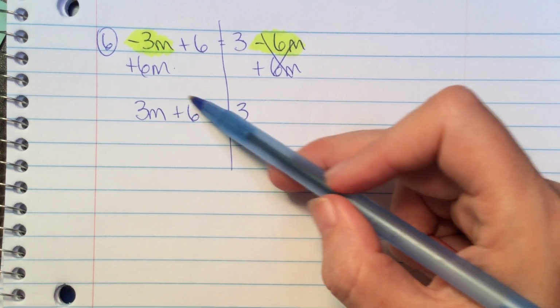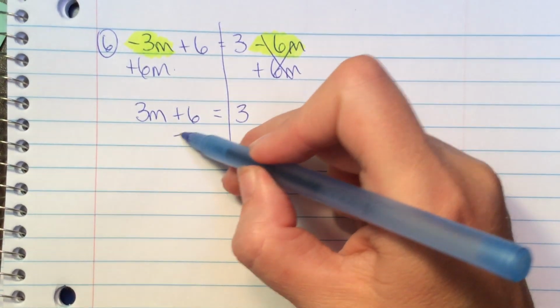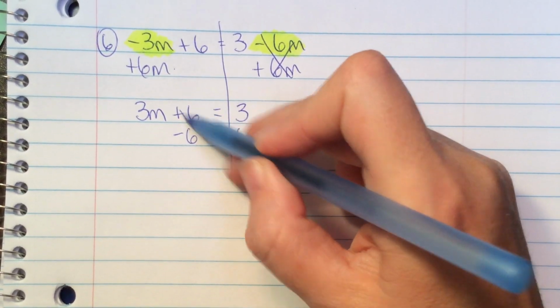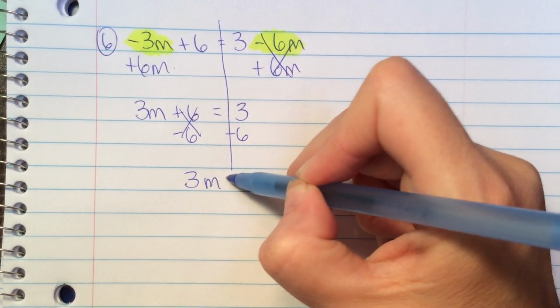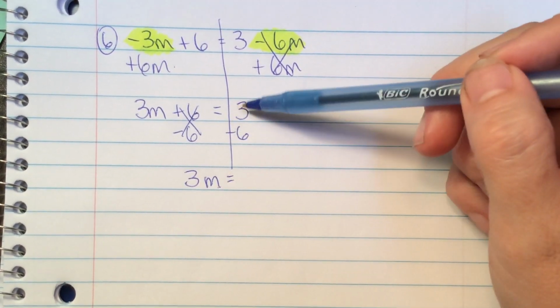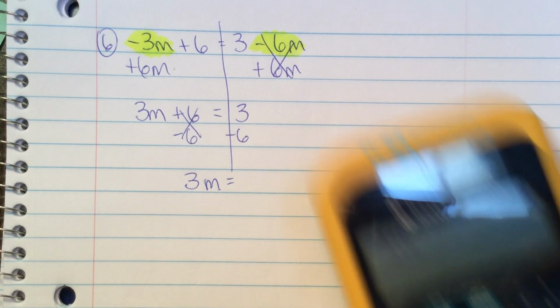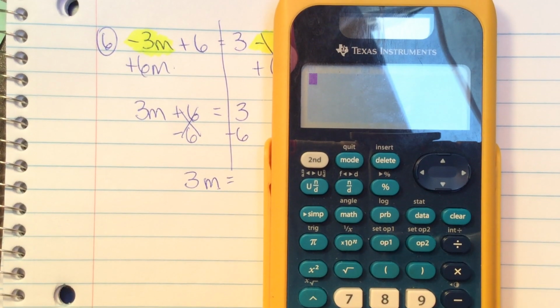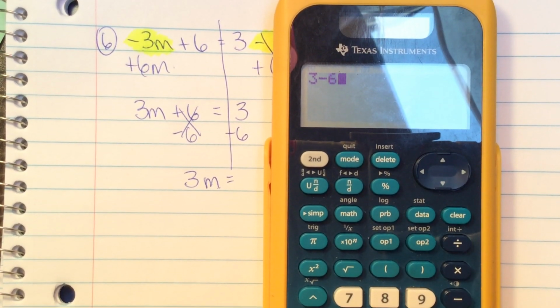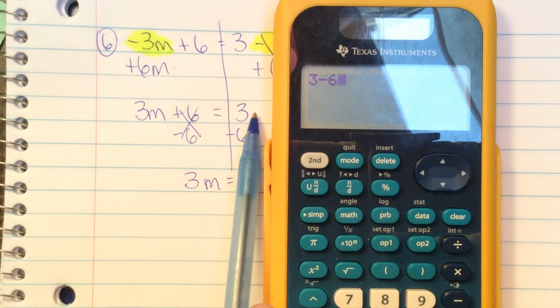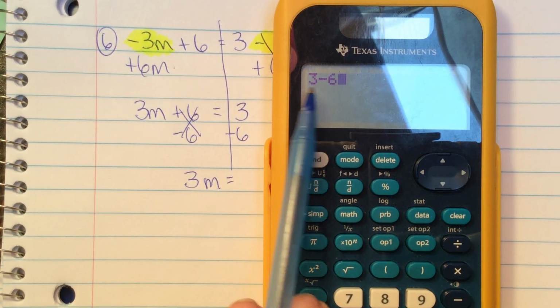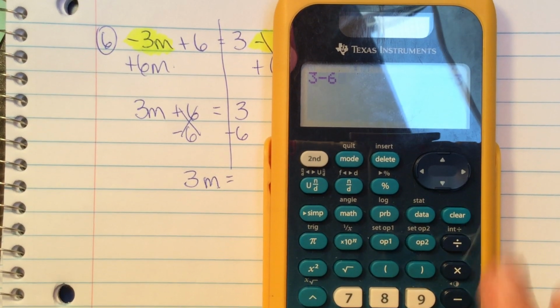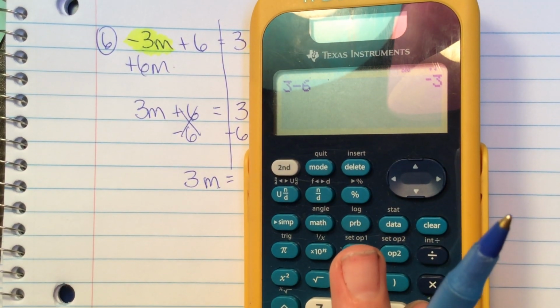I need to get rid of the adding 6, so I'm going to subtract 6. So 3m equals, I need to take 3 minus 6. Notice I'm taking 3 minus 6, and that gives me negative 3.